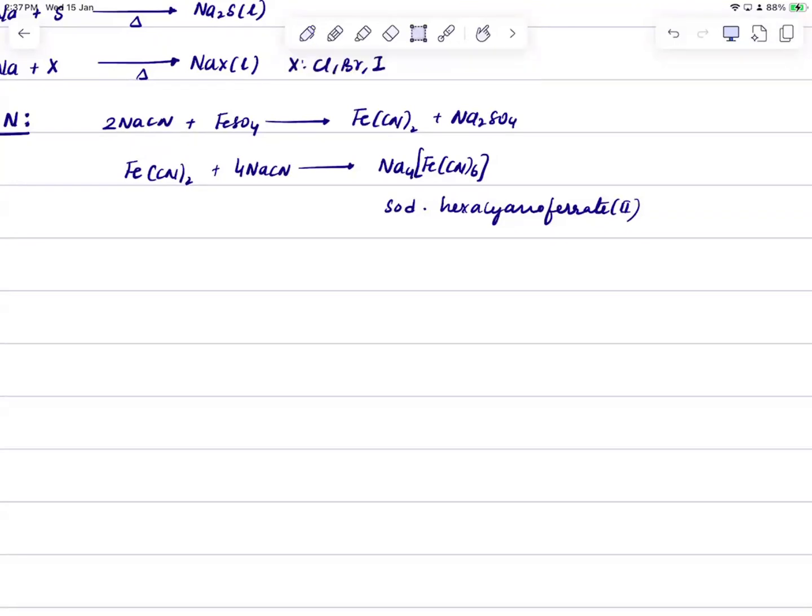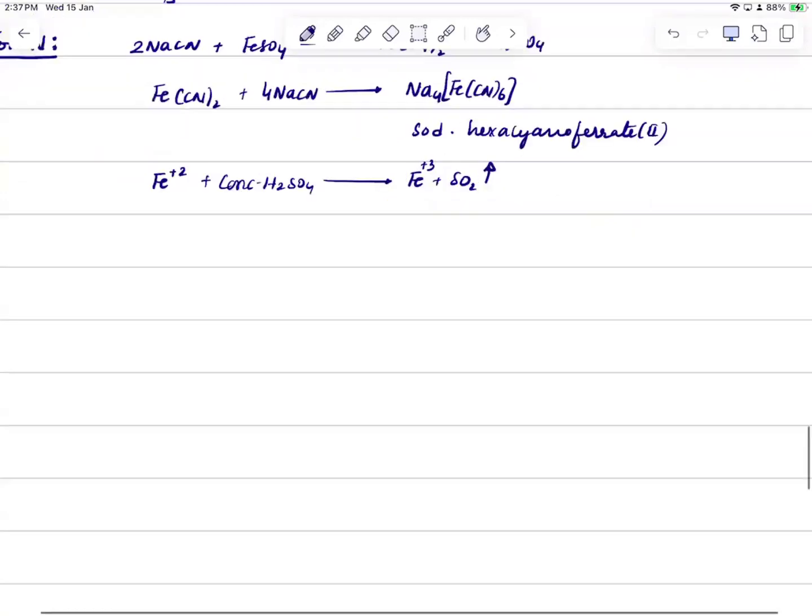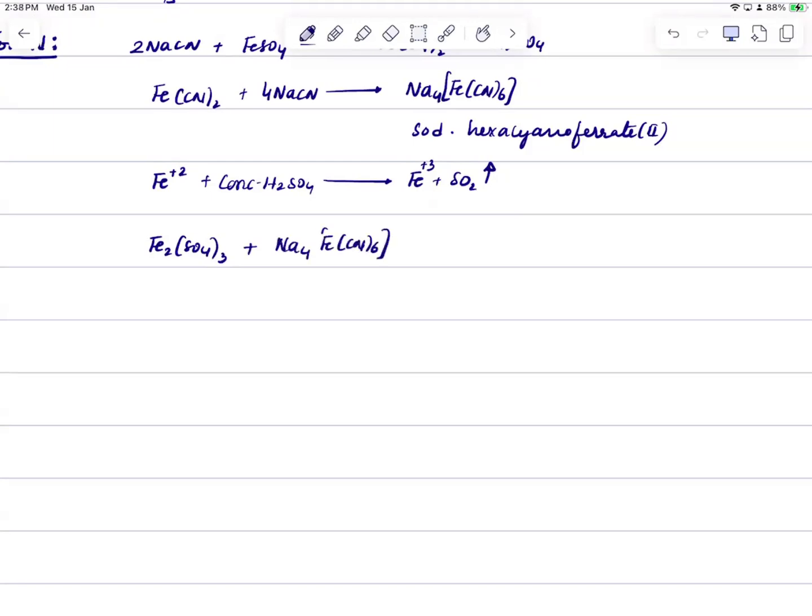So imagine if I take this compound here, whatever the Fe plus 2 present here with concentrated H2SO4 will convert that into small amount of Fe plus 3 and SO2 vapors. Now this Fe plus 3 is actually present in the form of Fe2(SO4)3. Now this amount, if you bring in contact with [Fe(CN)6], this complex.